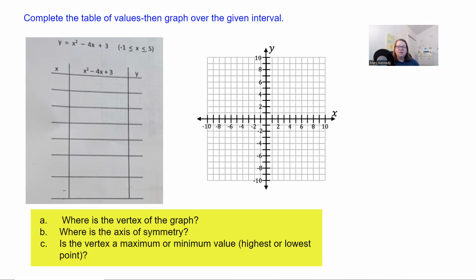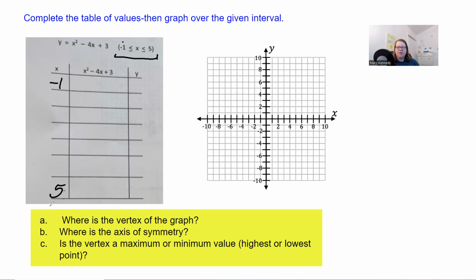So the function is y equals x squared minus 4x plus 3. And it's only wanting to know this limited amount of x values, for x between -1 and +5, and it includes those. That means that -1 is the smallest value that x could be, and 5 is the largest value.